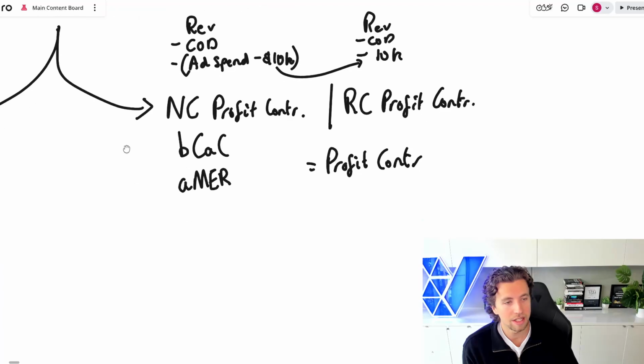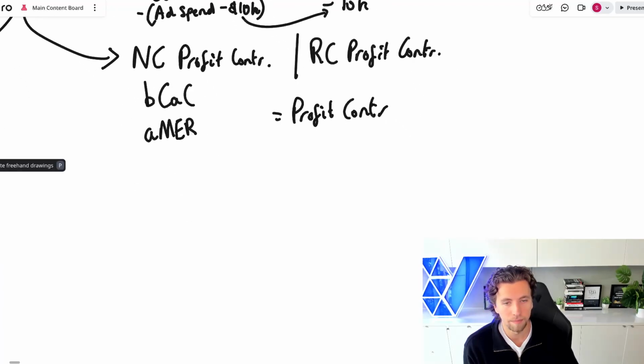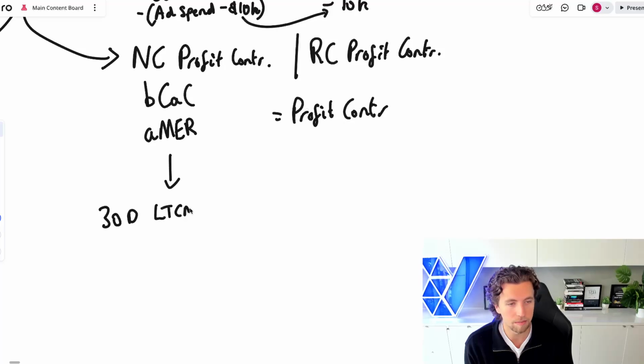Now, the issue that this ends up causing, which is incredibly valid, is that if you're optimizing across, let's say, a 30-day LTCM to CAC ratio, this CAC is now not reflective of the actual spend that's going to go into LTCM.